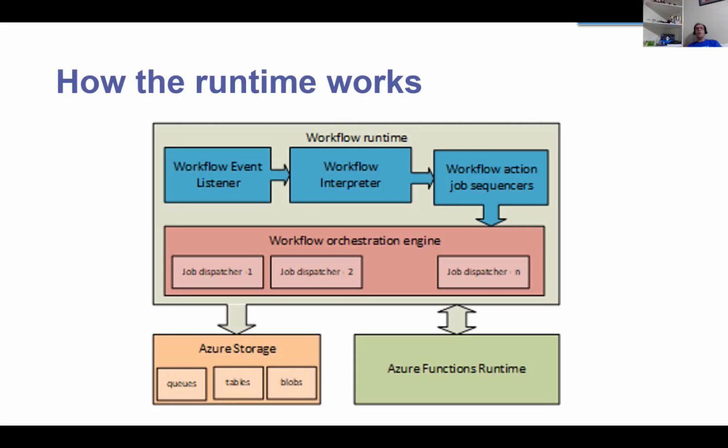And the workflow job dispatcher actually goes and picks up one of those, executes, and then puts back the results until all the actions on the job sequencer for that graph have been evaluated and executed. And during the execution, that's where they use the actions function runtime to then run either the HTTP calls or the things that are associated to the external or to the internal items.